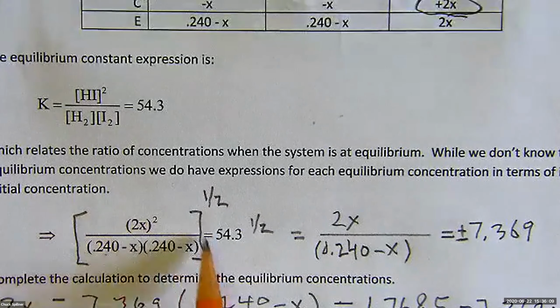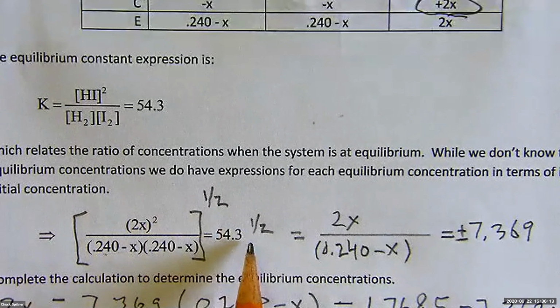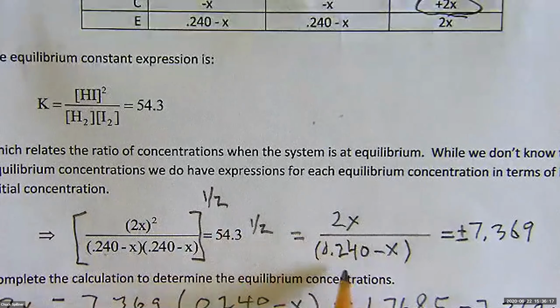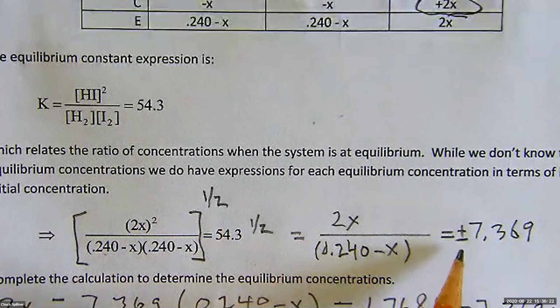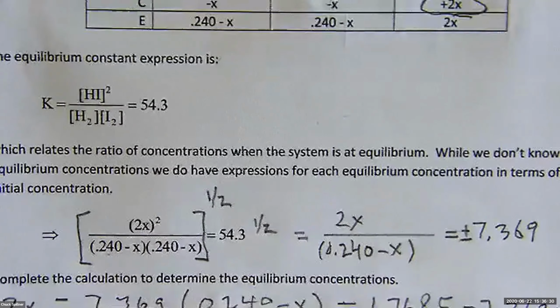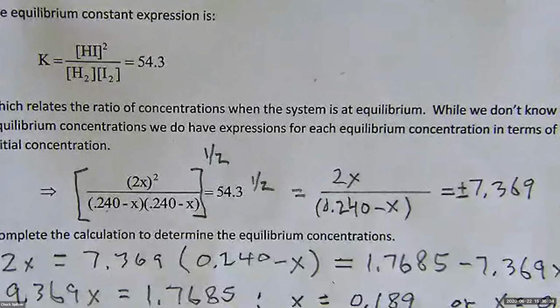Well, this again is a perfect square, so we can take the square root of that on both sides like we did in the example. If we do that, we get 2x over 0.240 minus x, which equals plus or minus 7.369. So if we solve for x, here's the step-by-step way.